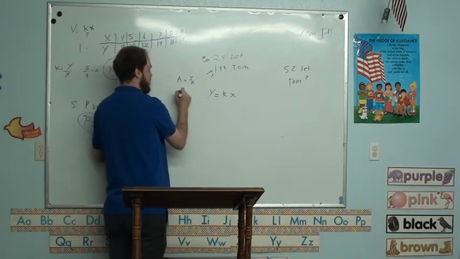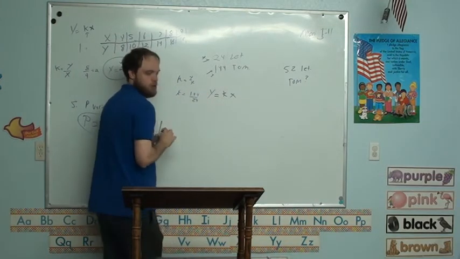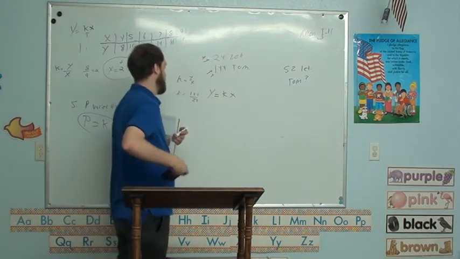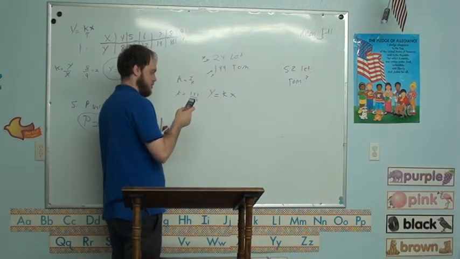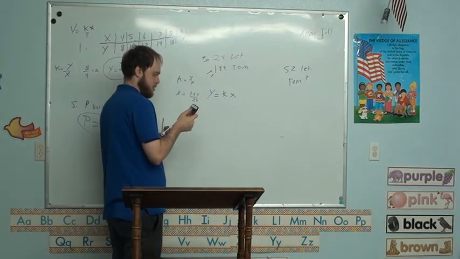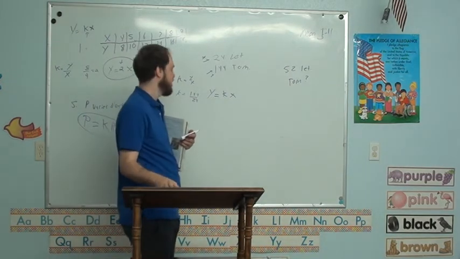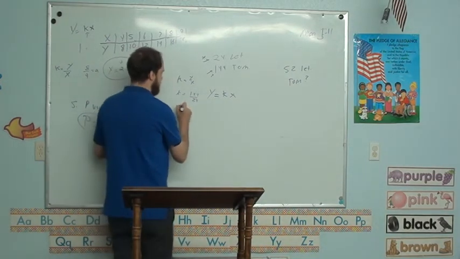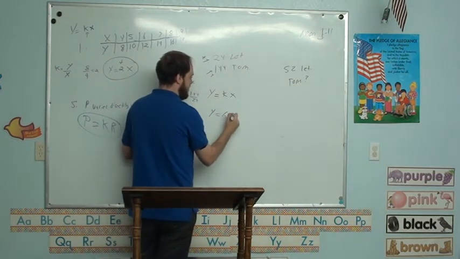So k would equal 144 divided by 24. So 144 divided by 24, that leaves me with 6. And so k is equal to 6. So my equation is y equals 6x.